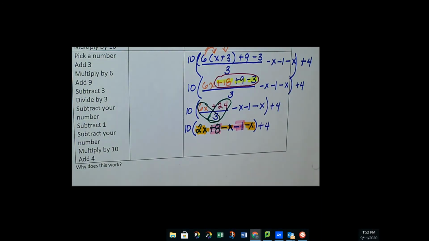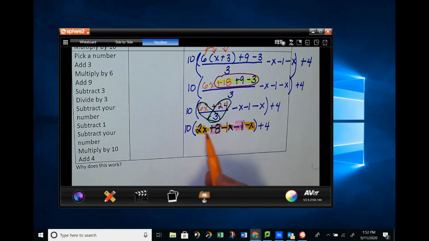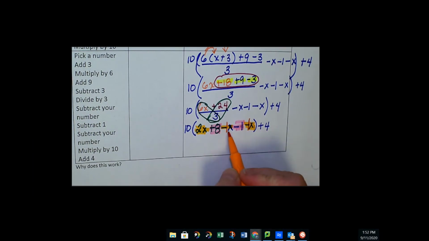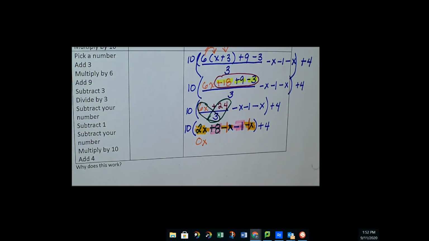If I look at just my x's, I've got 2x minus 1x. 2x minus 1x, because that's a 1, is just 1x. So 2 minus 1 is 1. And then minus another 1x. So 1 minus 1 ends up being 0x. So my x's went away.